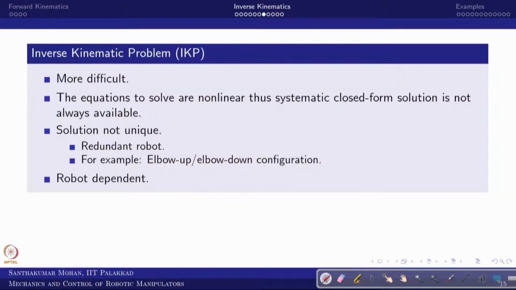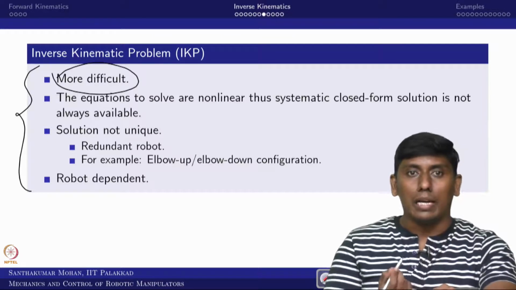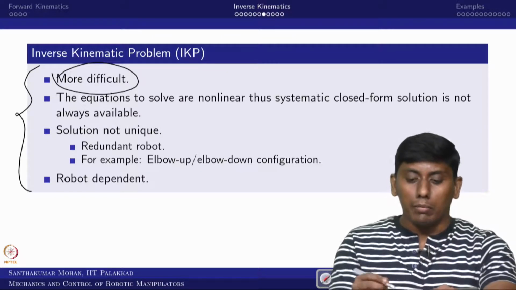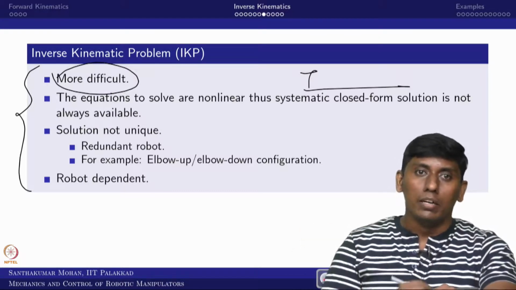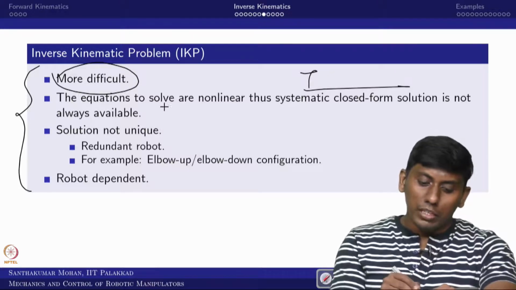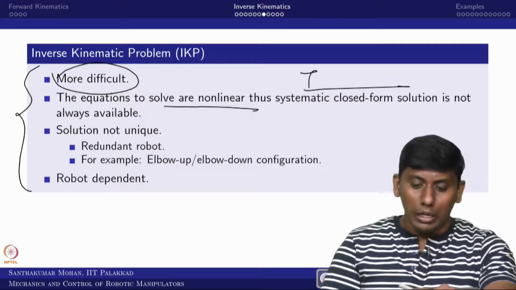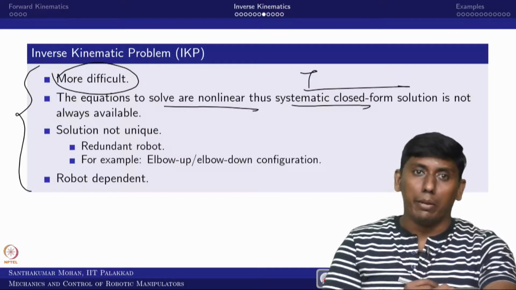Now coming back to the overall inverse kinematic problem, it is definitely more difficult, not like forward kinematics. Forward kinematics is simple matrix manipulation, you just multiply all the matrices and finally you end up with the result, but this is not that way, it is more difficult. The equations to solve are non-linear, so a systematic closed form solution is not always available.